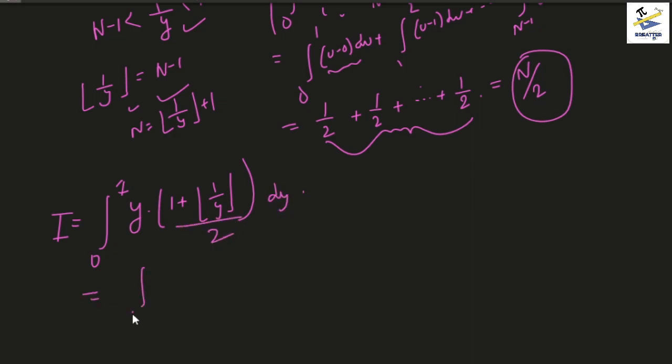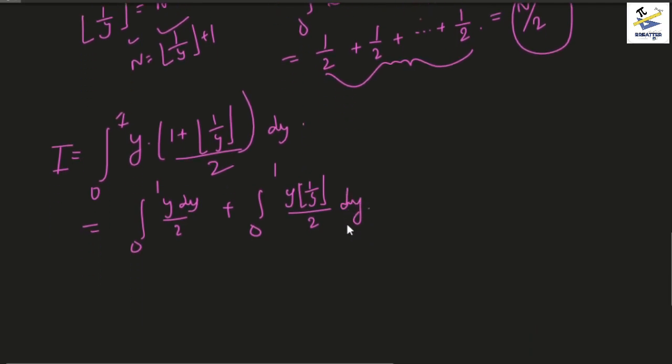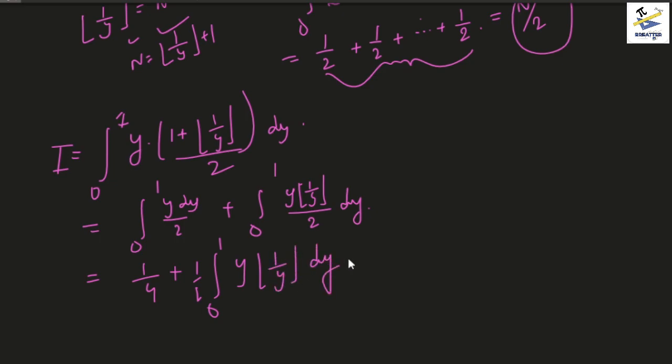So the first part can be easily evaluated as y dy by 2, and the second part is 0 to 1 y into box of 1 by y by 2 dy. Okay, so the first part gives you y square by 2, basically 1 by 4, and the second part is a bit trickier: 0 to 1 y into box of 1 by y dy.